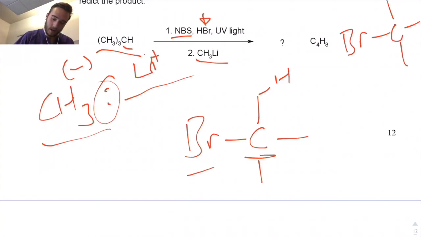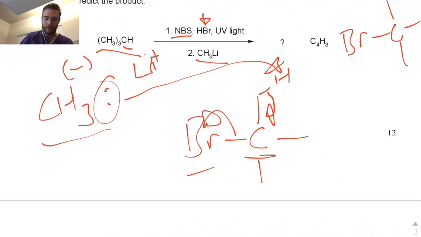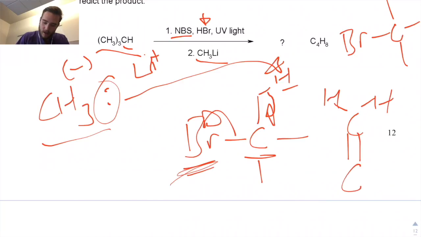So this is going to go over here, steal the H, and then this bond right here is going to form a double bond right here, which will have to kick off the bromine. That's the reaction. Elimination, this is what's eliminated along with the H. So we're left with a compound where a double bond, CH2, is bonded to this carbon with these two on there.